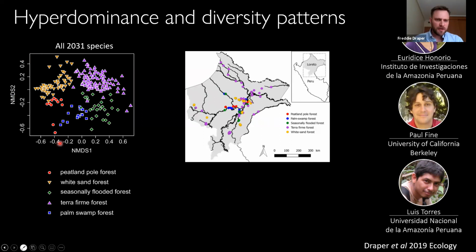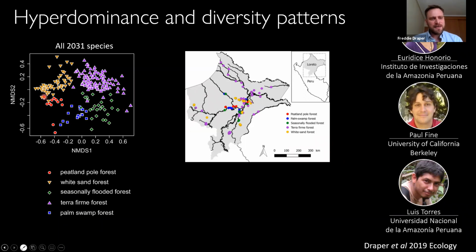If people aren't familiar with these kinds of ordination plots, basically they can interpret it as, each point represents a forest plot, and points that are close to each other are plots that are similar based on their species composition, and points that are far apart are different based on their species composition.